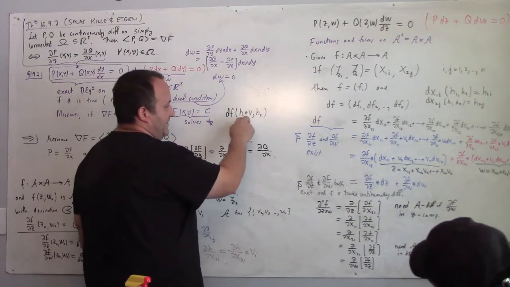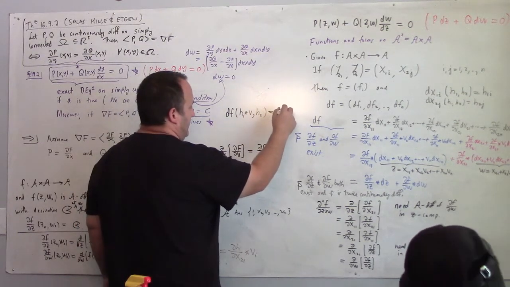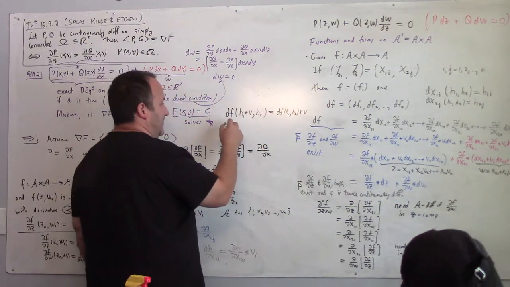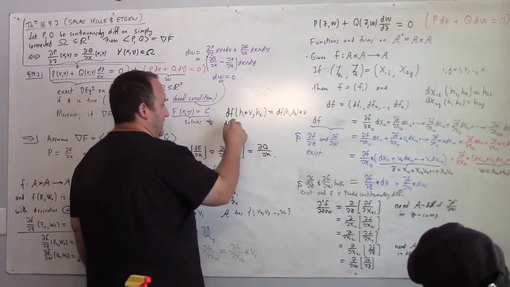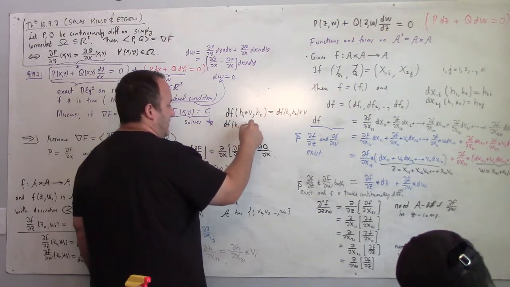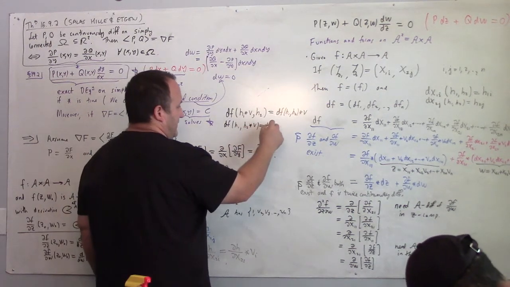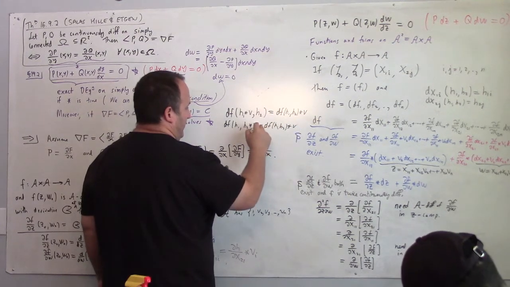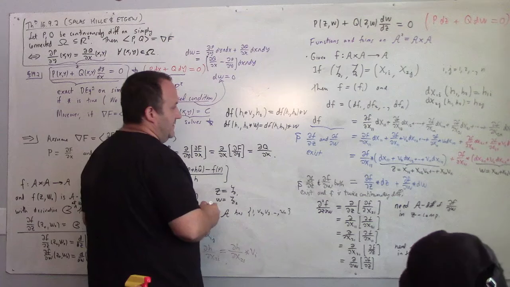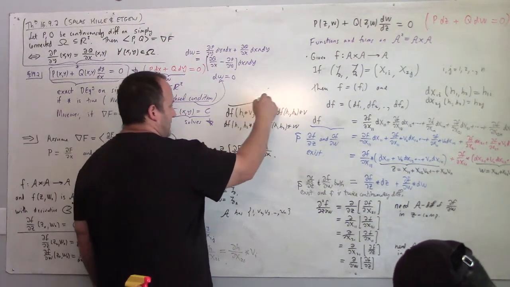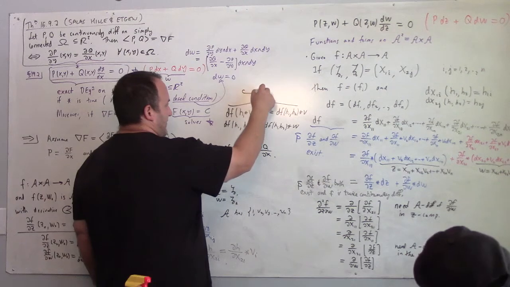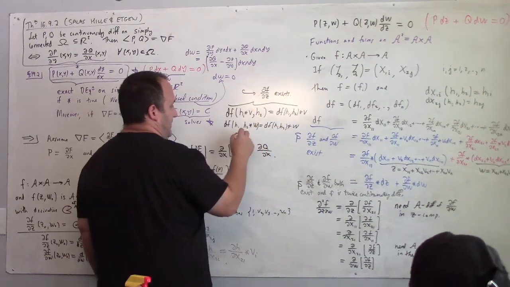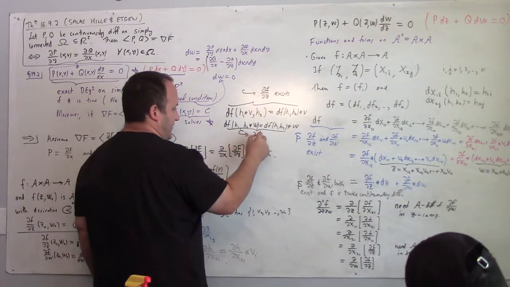So I have multiplication in the first component. If that's equal to df of h1, h2 star v, and if df of h1, h2 star v is equal to df of h1, h2 star v, I think, maybe I should put w over here just to be kind of cute. I think this condition will tell me that partial f, partial z exists. And I think this one down here will tell me that partial f, partial w exists.